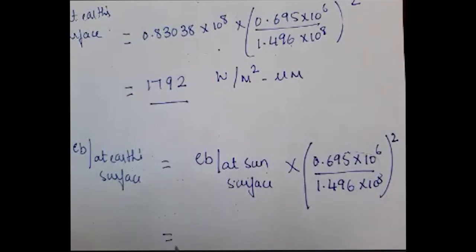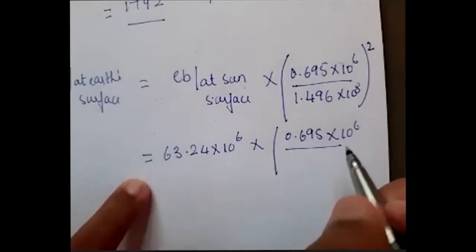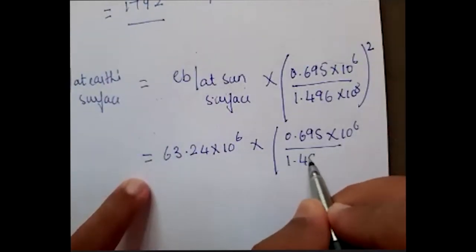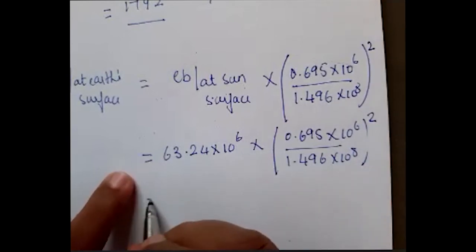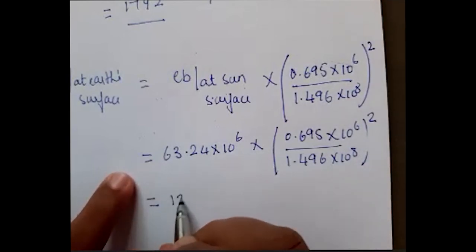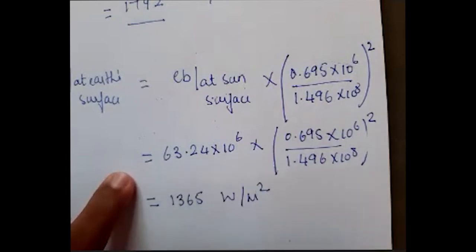So EB at the sun surface is 63.24 into 10 raised to 6, into whatever is there in the bracket, 0.695 into 10 raised to 6 divided by 1.496 into 10 raised to 8, whole squared. So this comes around 1365 watt per meter square.